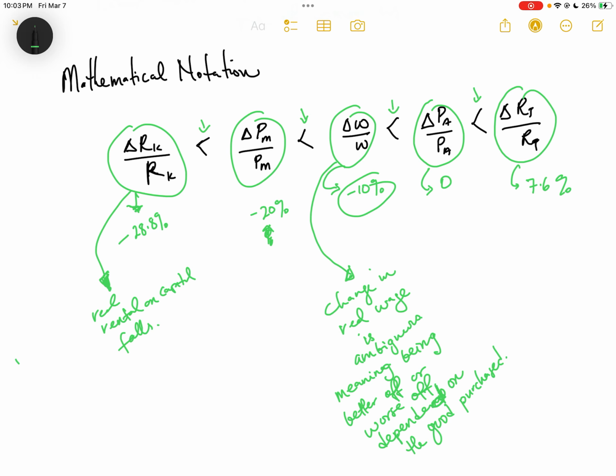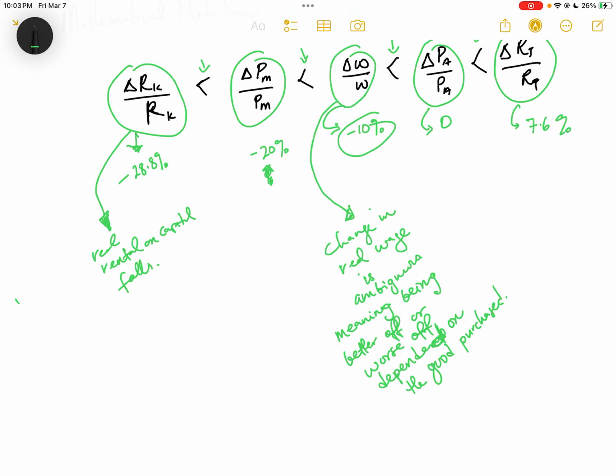In this case, better off in computers, but worse off in rice, according to our calculation.